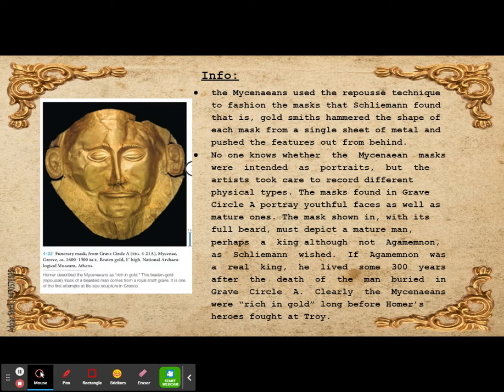They still don't know who it is, but I think it's quite interesting how it's formed. And of course, it symbolizes being rich in gold. Some people say that this is from a wealthy person, and this was buried with a person who has passed away. So I thought that was quite interesting.